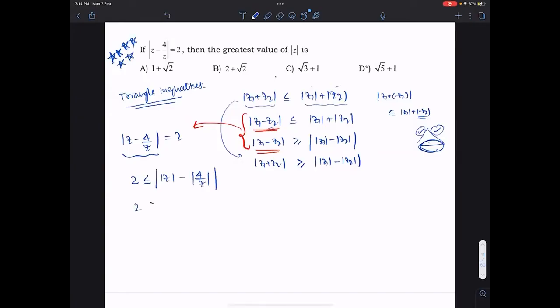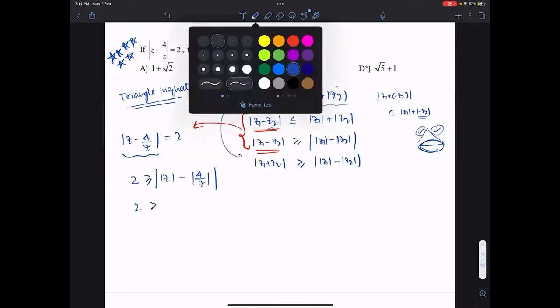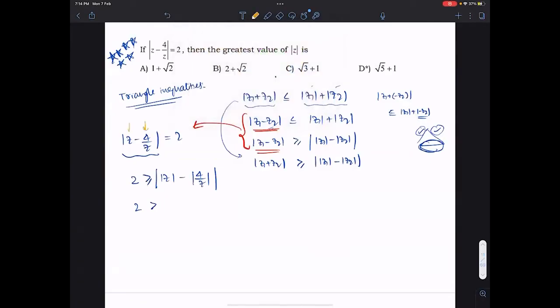And another inequality: 2, that is mod Z1 minus Z2, is greater than or equal to mod Z1 minus mod Z2. Same way, the other inequality will be less than or equal to mod Z plus mod 4 by Z. That's it. Now, after this, it is no more a complex number question.